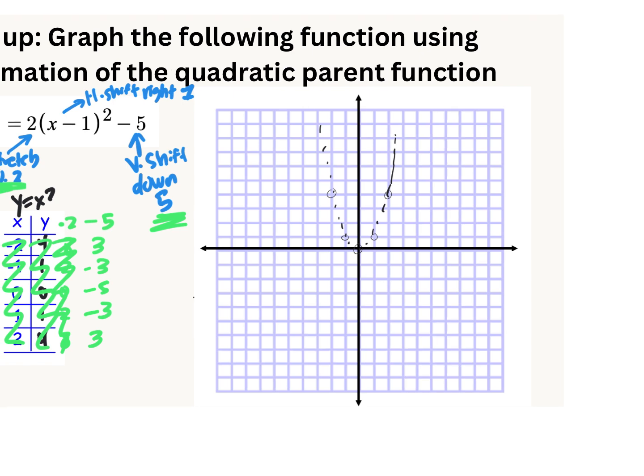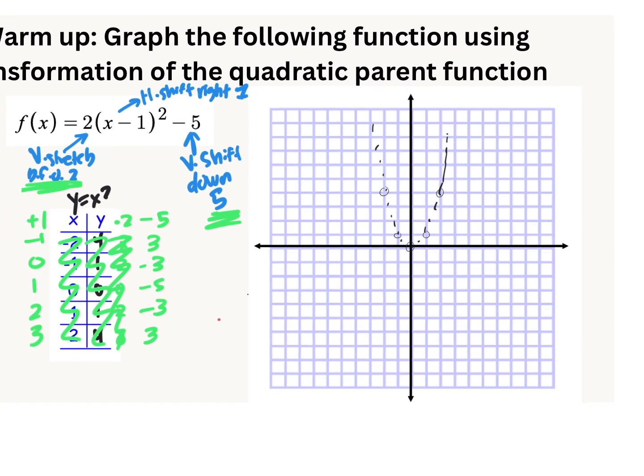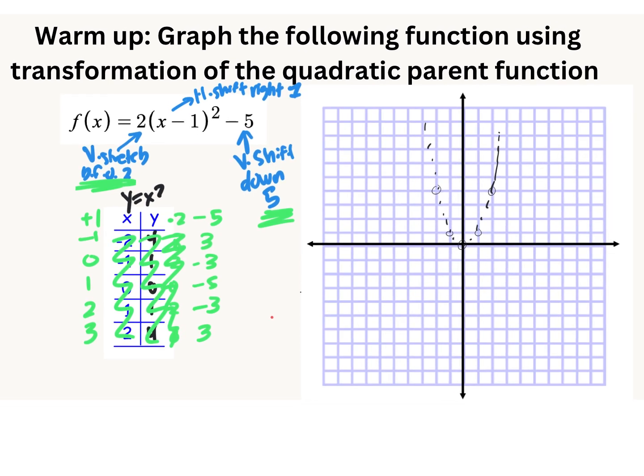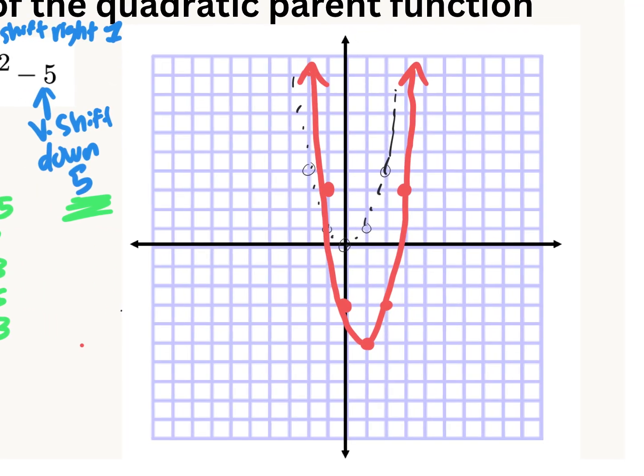But now I'm going to graph my real function here with these new points. The first one's at -1, 3. Next one's at 0, -3. Next one's at 1, -5, 2, -3, and 3, 3. So you can see the vertical stretch, the vertical shift, and the horizontal shift happening from the parent function, my black function there, to my red function.